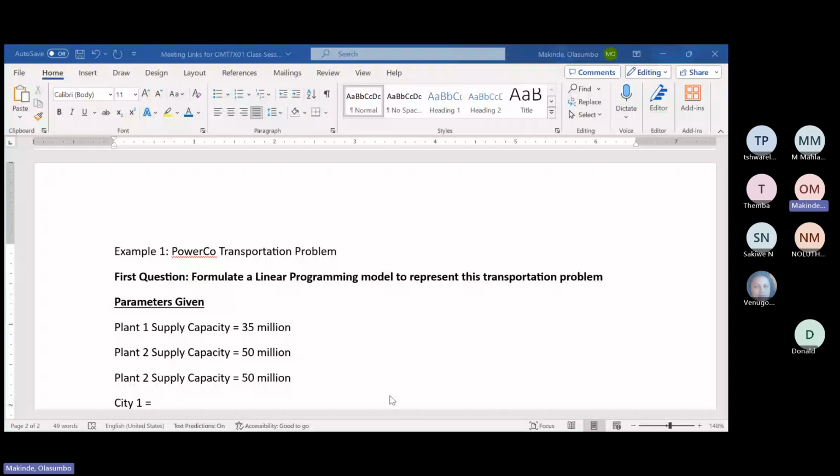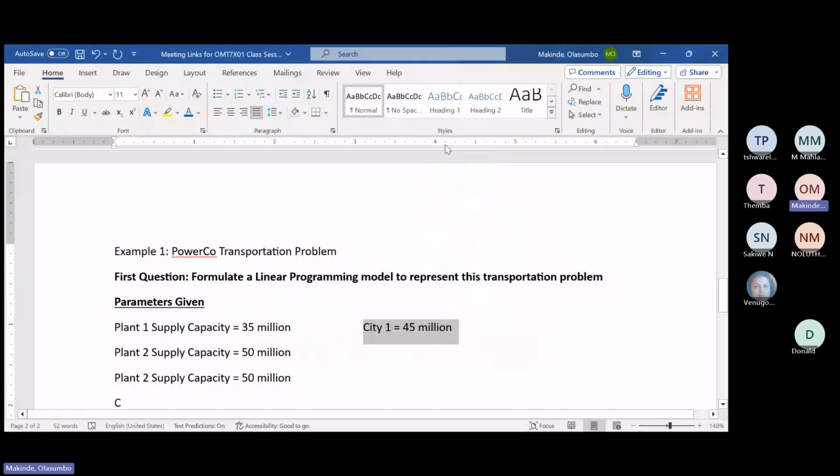So you write it down, 45 million. Because I want to save space, city 1, 45 million. That's kilowatt hours of electricity that they demand because of the appliances and things that they need to do in all the houses in that city.